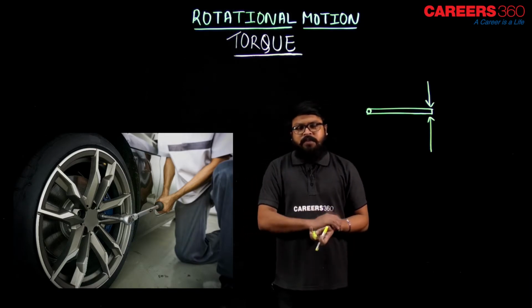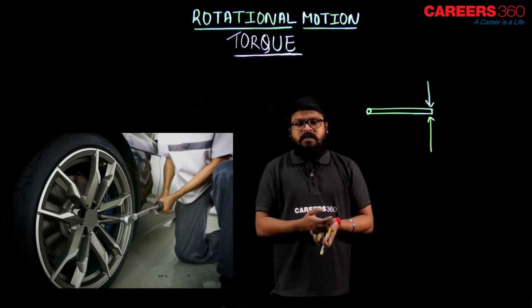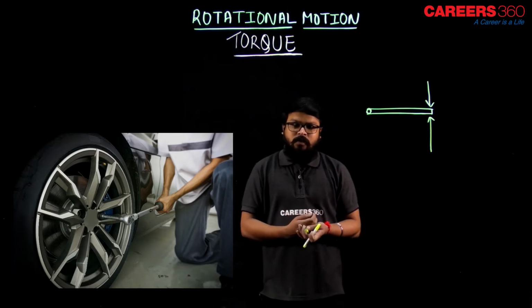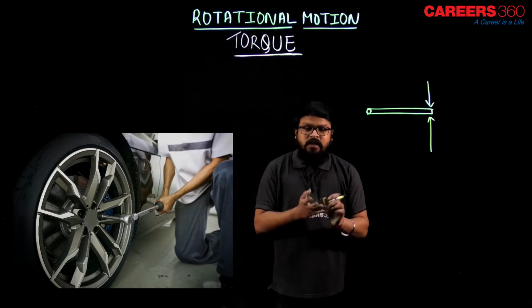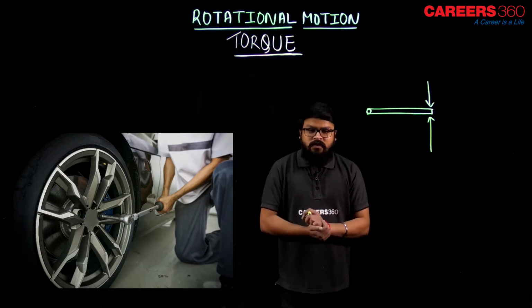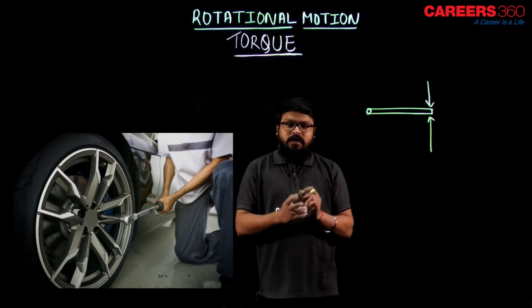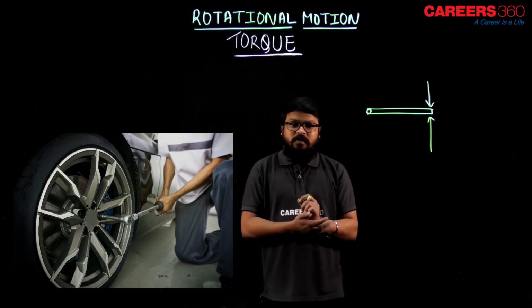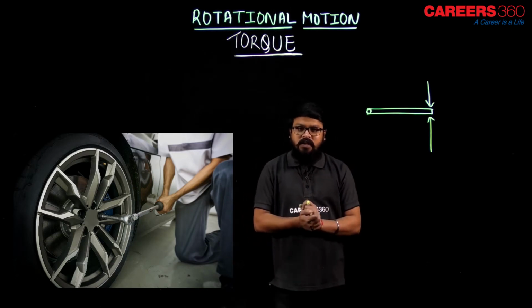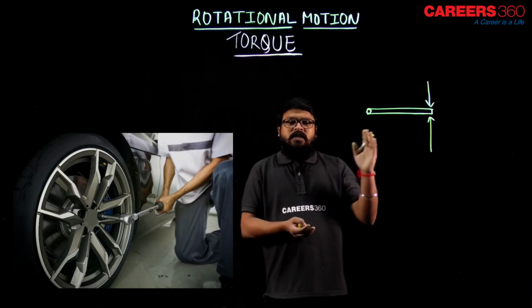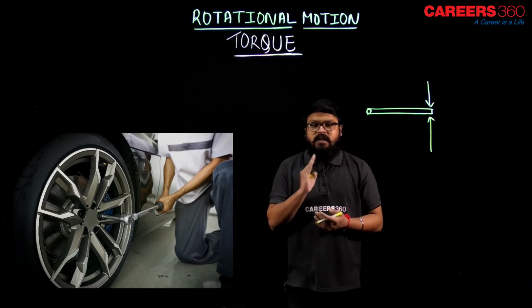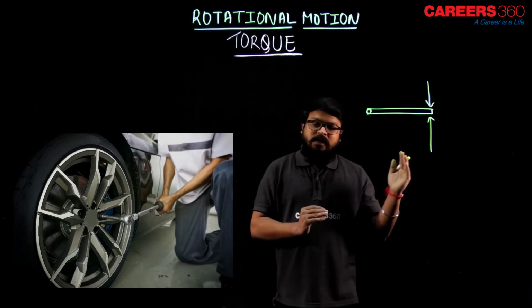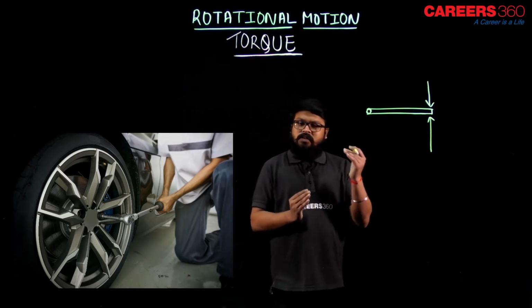In the previous lecture on rotational motion, we discussed the comparison between linear motion and rotational motion to find the equations of motion: angular displacement, linear displacement, angular velocity, linear velocity, angular acceleration, linear acceleration.